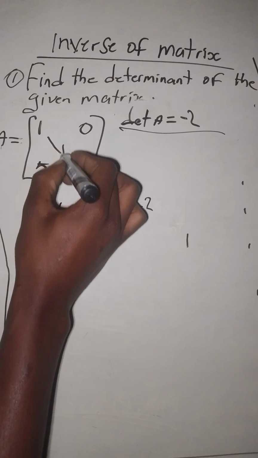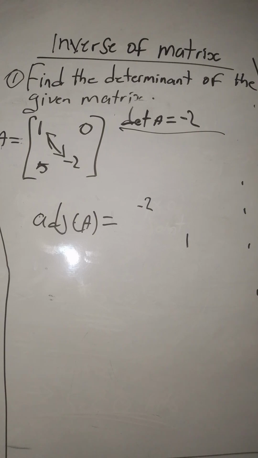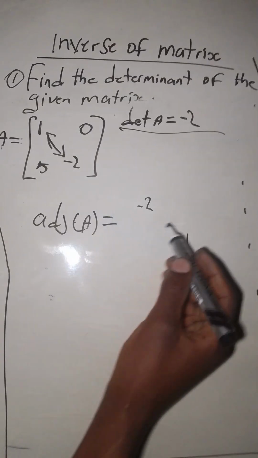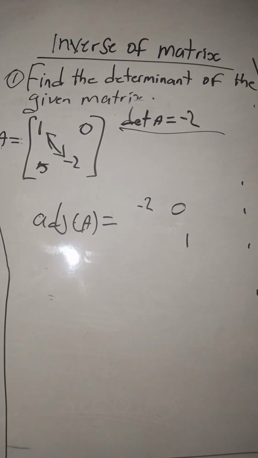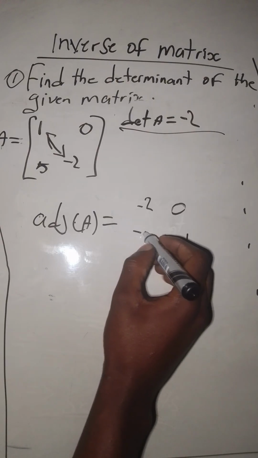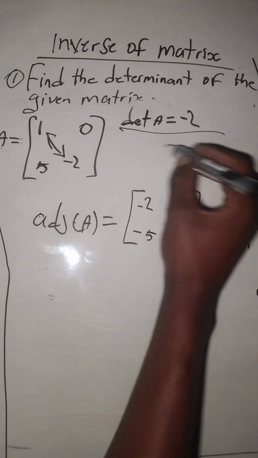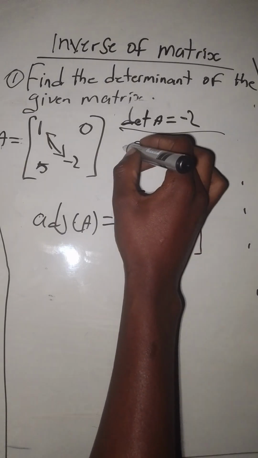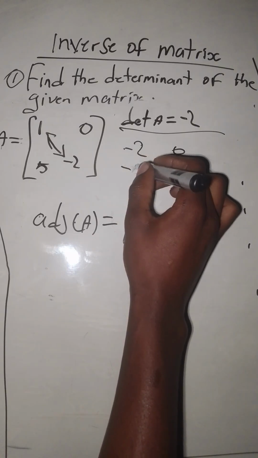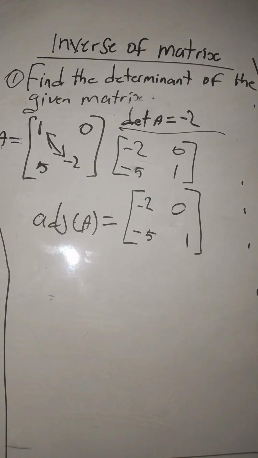Now multiply these by a negative sign. When you multiply 0 by negative, it will still be 0. When you multiply 5 by a negative sign, you have -5, and this is our adjoint. The adjoint is -2, 0, -5, and 1.